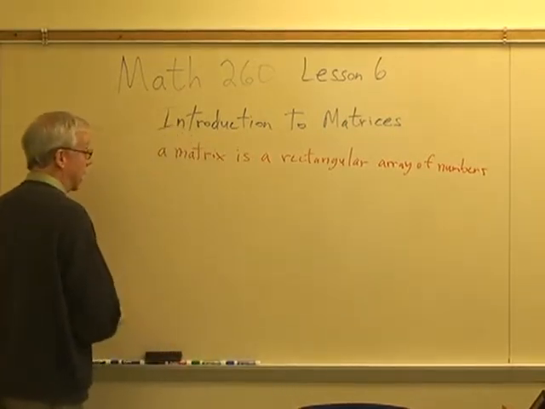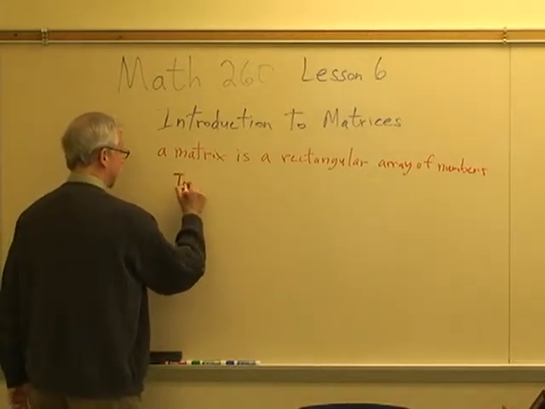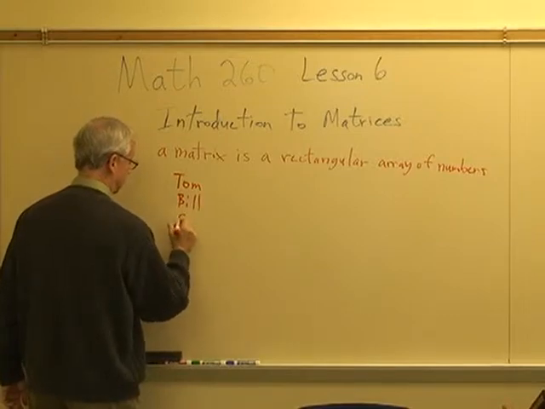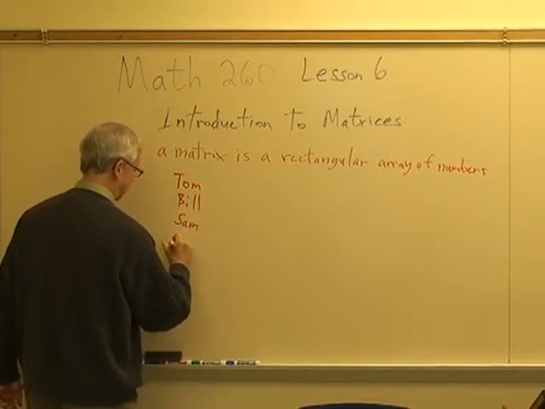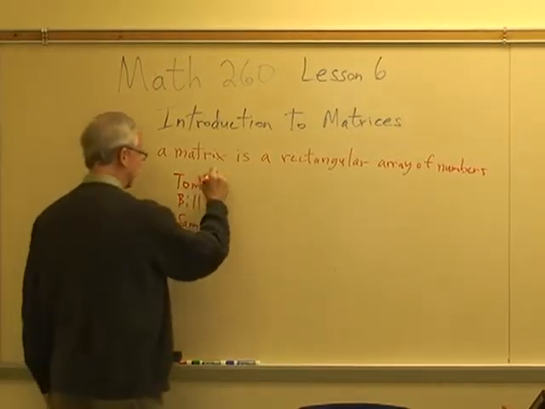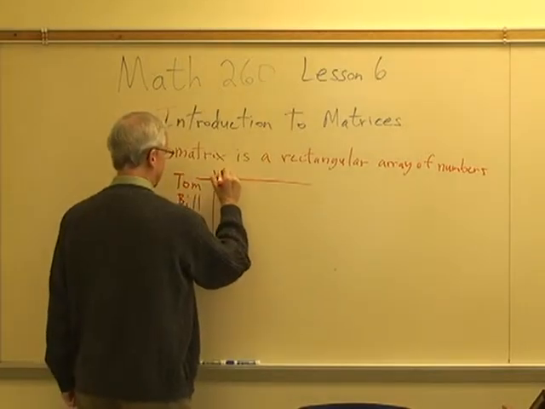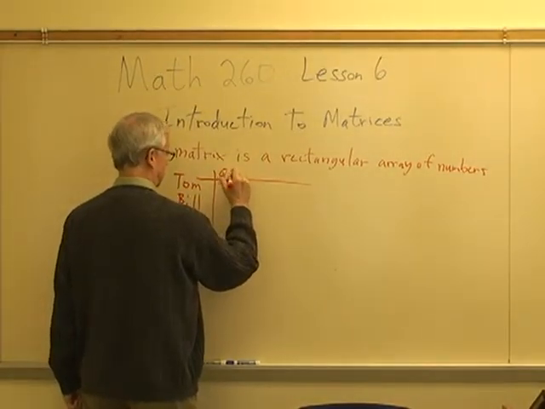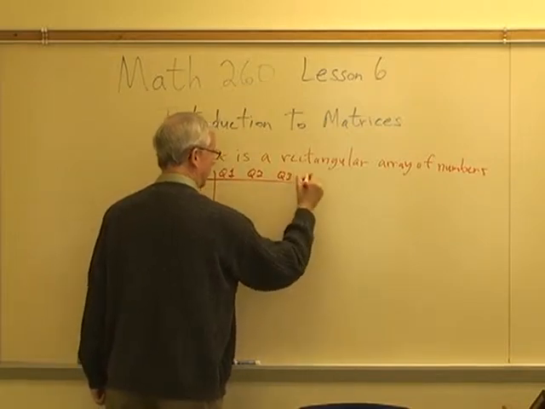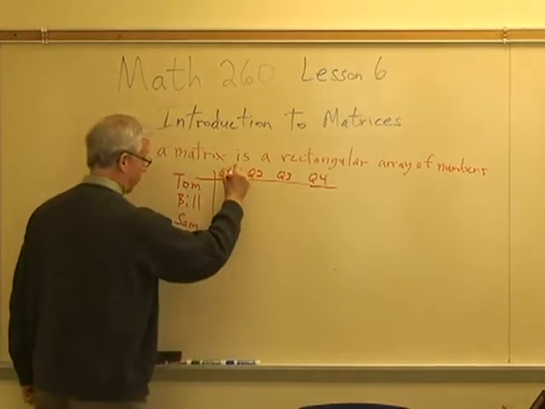A very common kind of matrix represents a table. So there's 4 students, with 4 quiz grades.